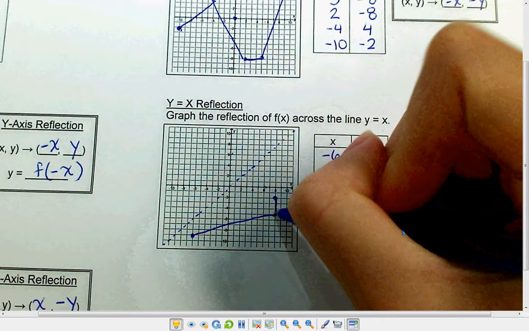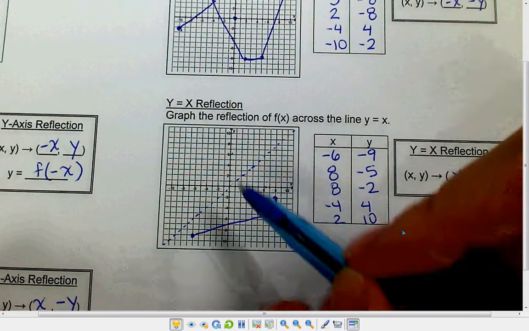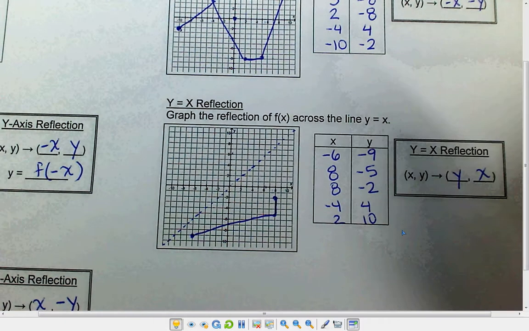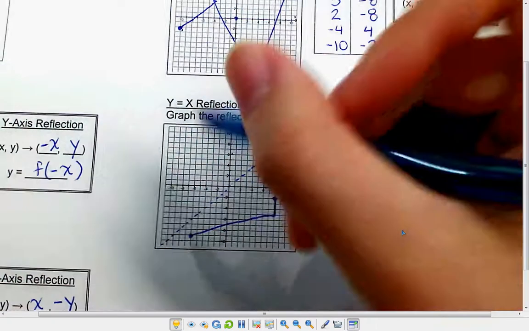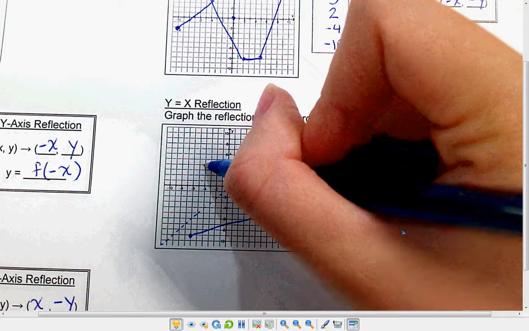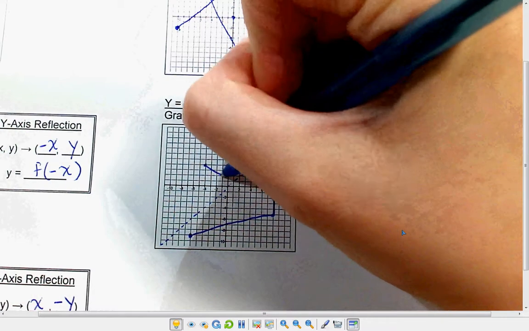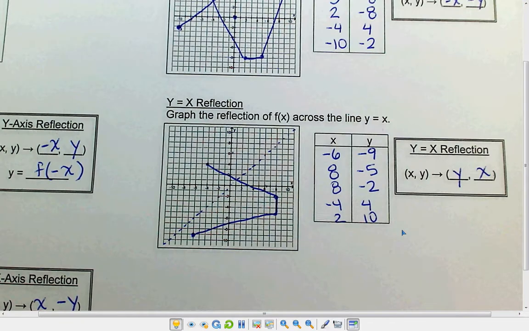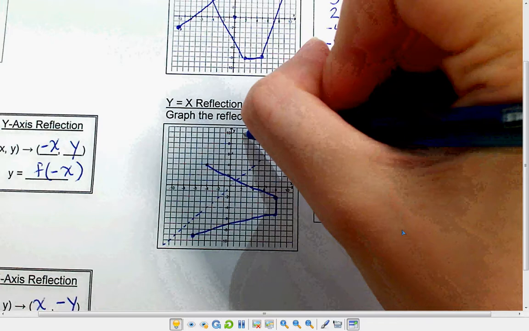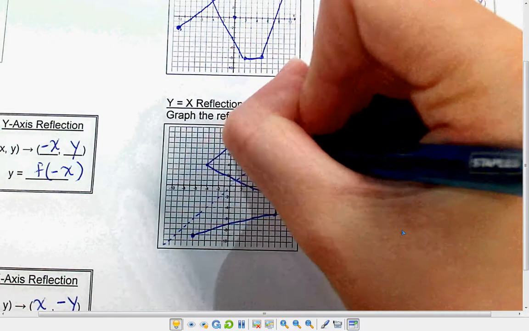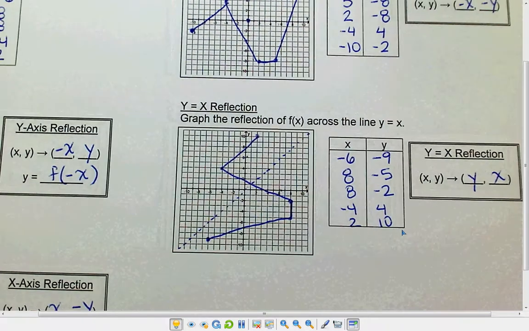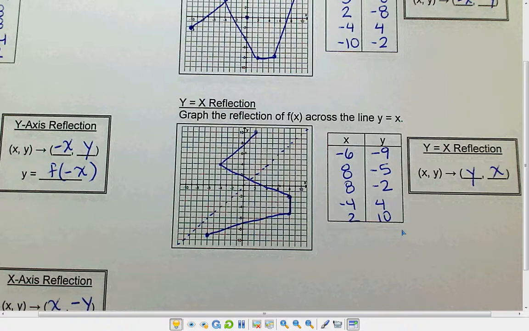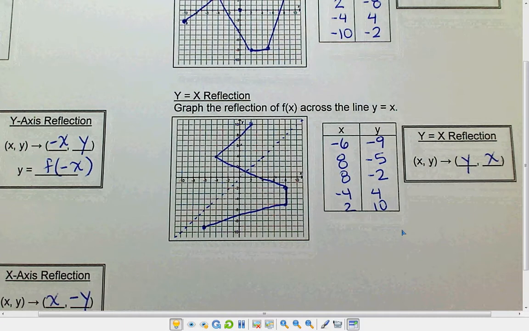Here's that constant part that now is going vertically instead of horizontally. I have negative 4 is my x, y is positive 4. Connect those. And then 2 is my x, 10 is my y. And so as you can see, now my graph is kind of sideways of what it used to be before. It's been reflected across the line y equals x.